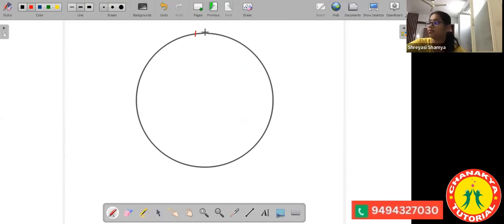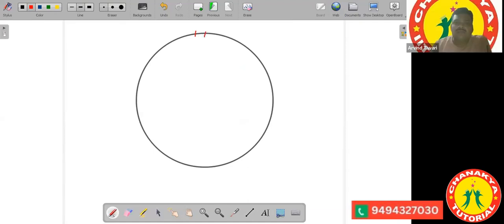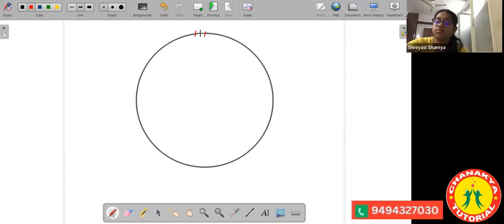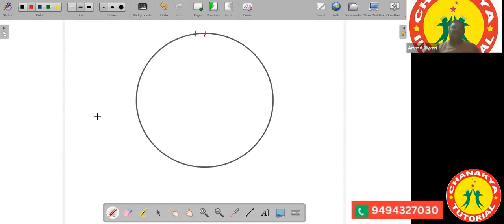If I cut a small length out of this circle, won't this appear to be a straight line to you? Will this appear as a straight line or not? Yes, sir. If you take a bigger circle and from that bigger circle you take just a small portion, doesn't it appear like a straight line? Yes, sir.